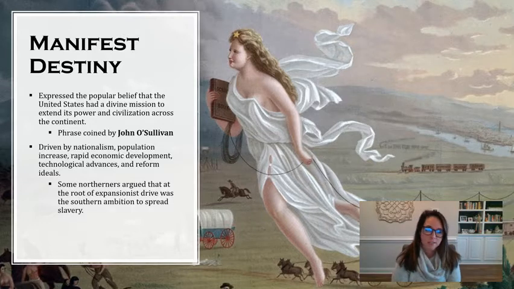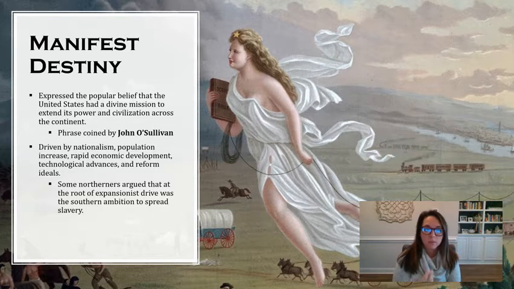You have probably seen this image of Columbia. This is called American Progress. It was actually painted in the 1870s to reflect back on this time period in the 1830s and 1840s in particular, where Americans really responded to John O'Sullivan's view of what Manifest Destiny was.